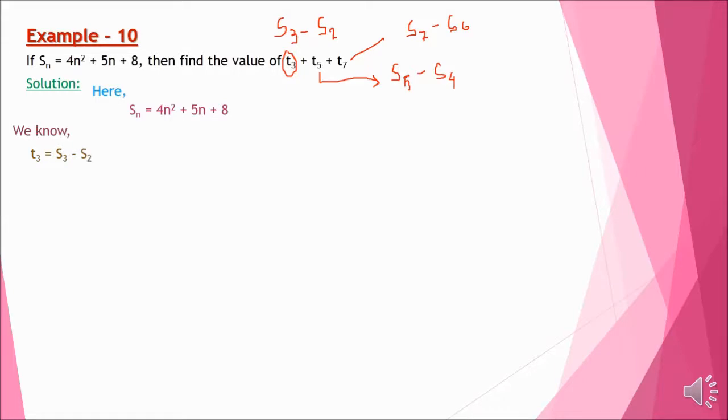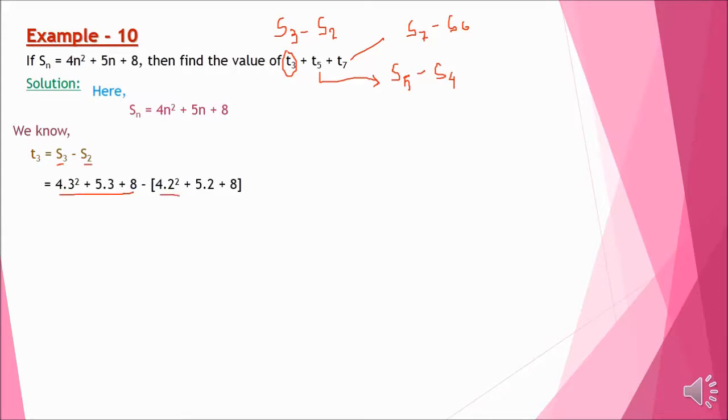You can separately find S3, S2, or S7, S6, S5, S4 and subtract, or you can do it in a shortcut way like this. This part is entirely for S3, and this part is entirely for S2. It is S3 minus S2, T3. On calculation, you have a calculator, you can use it, and that's 25.